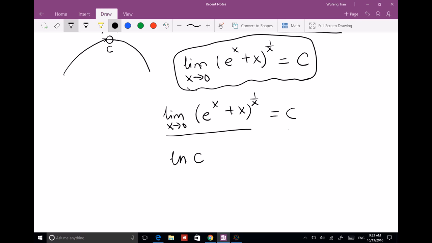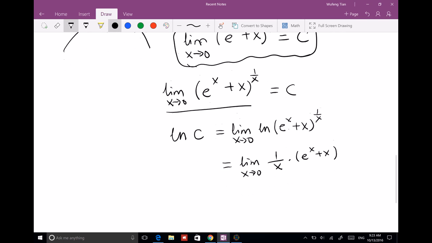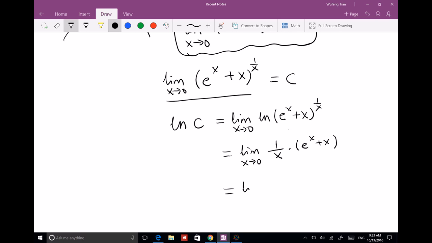So ln c equals the limit as x goes to 0 of ln of (e to the power x plus x) to the power 1 over x. Then we can bring down the 1 over x multiplied by ln of e to the power x plus x.